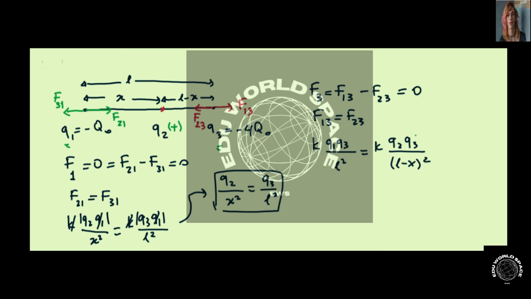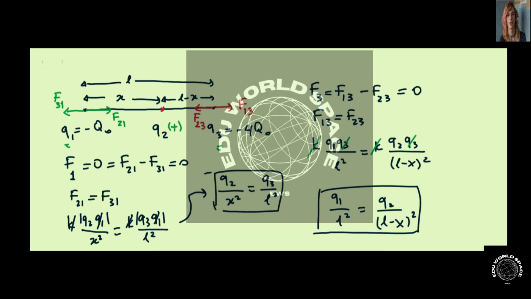Now you can see Q3s are going to cancel, Ks are going to cancel. So from here we have Q1 over L squared equals Q2 over L minus X squared. This is the second equation that we are going to use. Okay, now please mark these two equations. I'm going on to the next page.